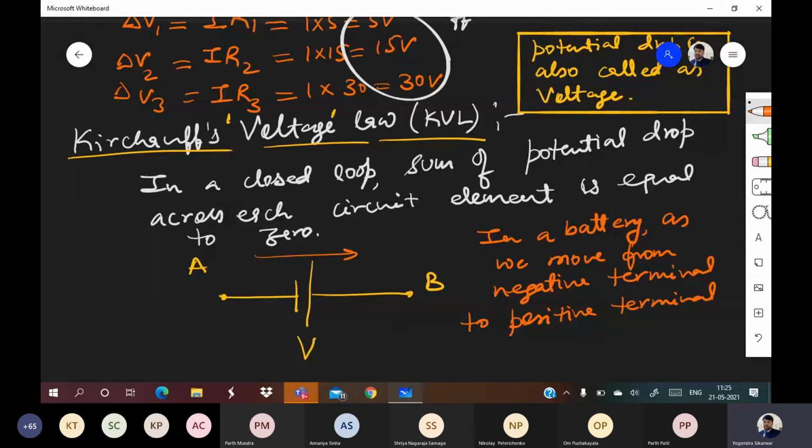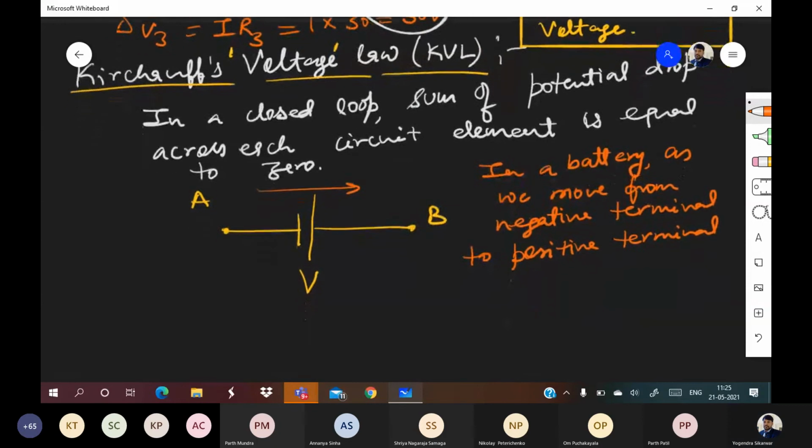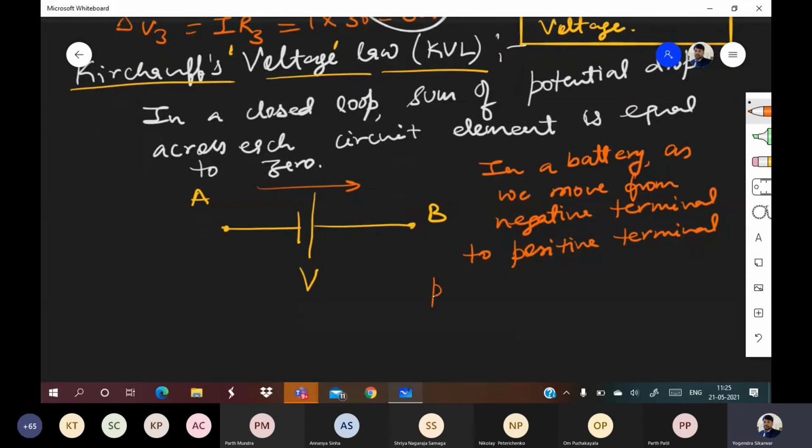In a battery, as we move from negative terminal to positive terminal, potential increases by V.